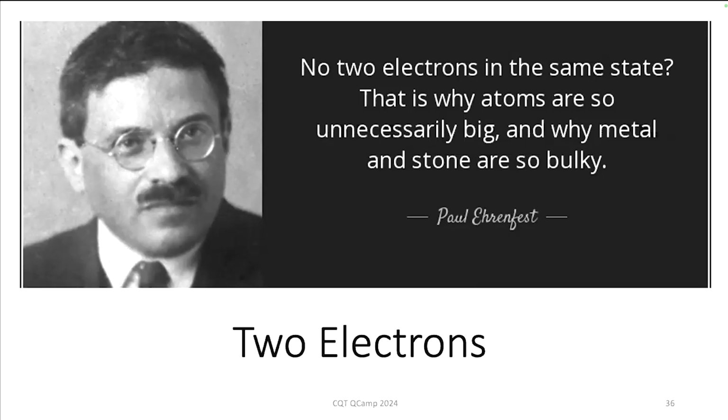Because of that, it gives rise to all the phenomena that you know today, like how we don't quantum tunnel through our friends, and we can't push my hand through this. It also explains why we can feel what we can feel. It's to do with the fact that electrons don't like to share the same state with each other.